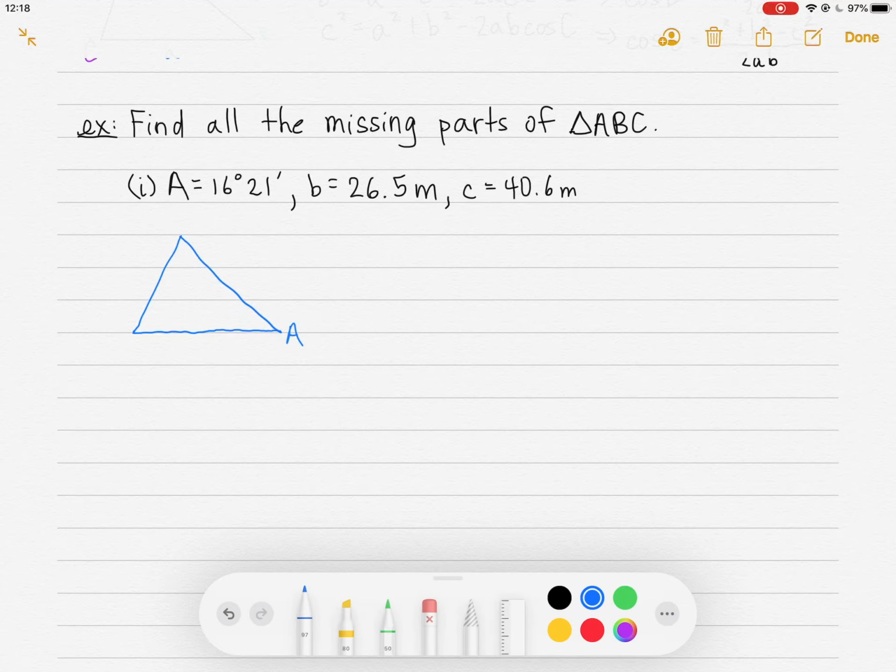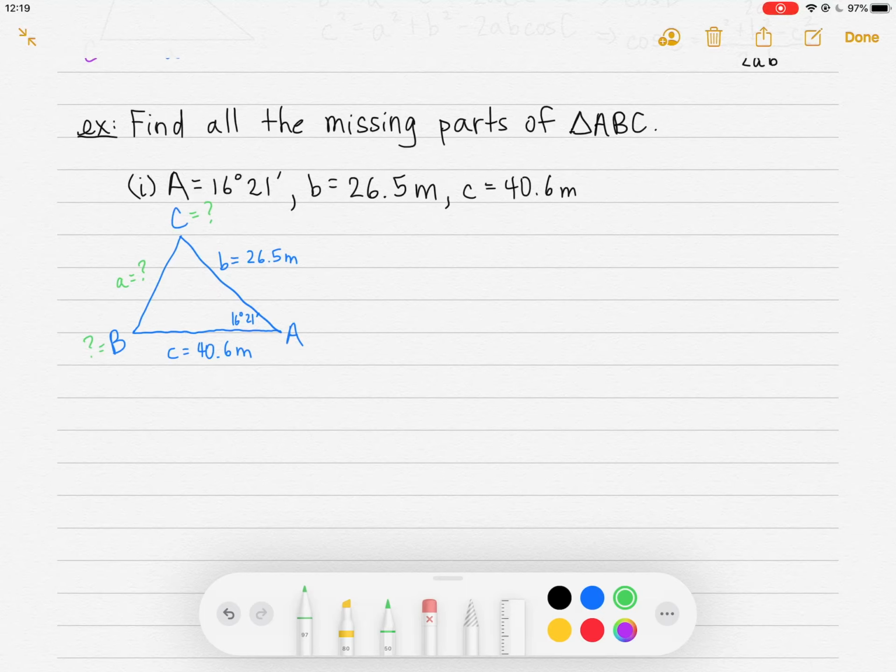My smallest angle to me looks like this guy, so we'll call him A. Doesn't matter who we call big B and big C, but once we've labeled big B and big C, we've automatically labeled little b to be 26.5 meters and little c to be 40.6 meters. And so who are we looking for this time? We're looking for big B, big C, and little a.